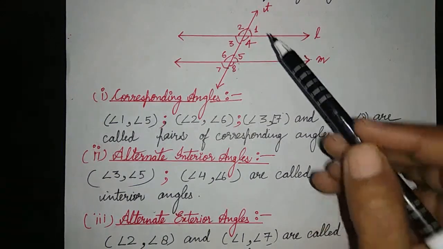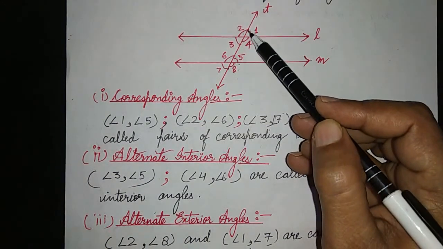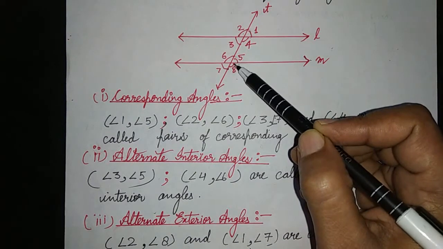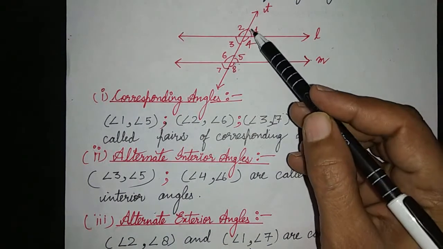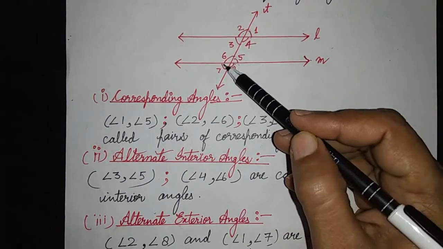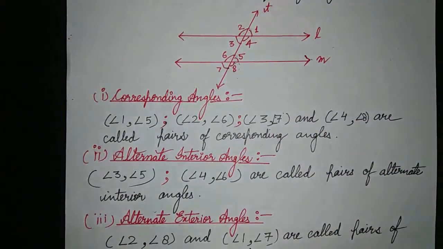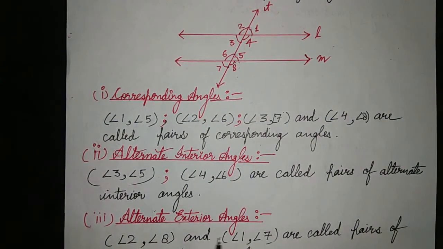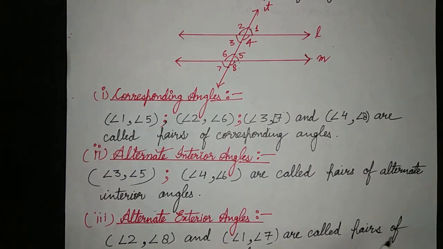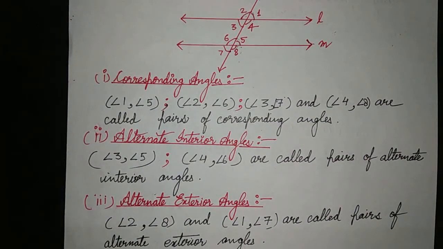The first pair is angle 2 and angle 8, and the second pair is angle 1 and angle 7. Okay, angle 2 and angle 8 and angle 1 and 7 are called pairs of alternate exterior angles.